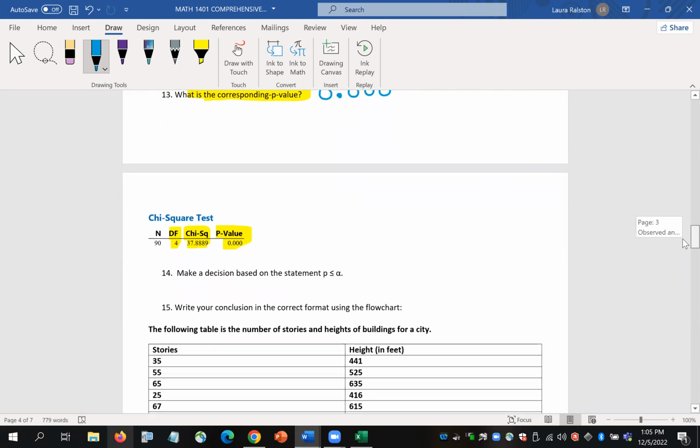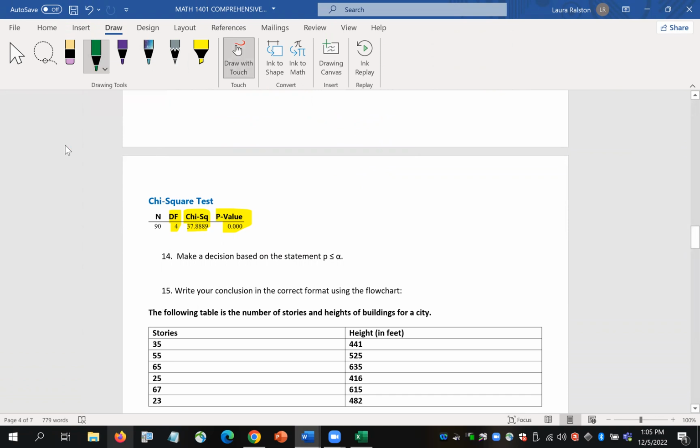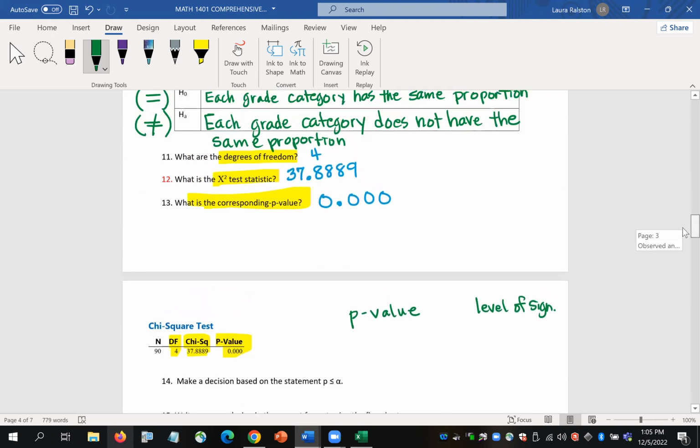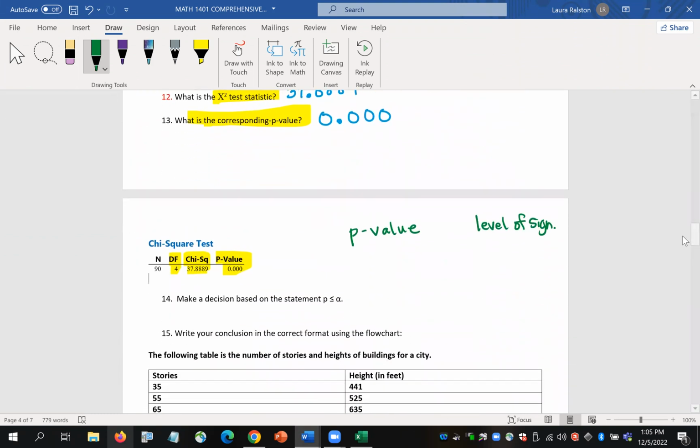Then I proceed as I always do, and I need to make a decision. I make a decision by comparing the p-value to the level of significance. And the level of significance was given in the problem as 0.05. So I have 0, which is the p-value from Minitab, compared to my level of significance, which is 0.05.